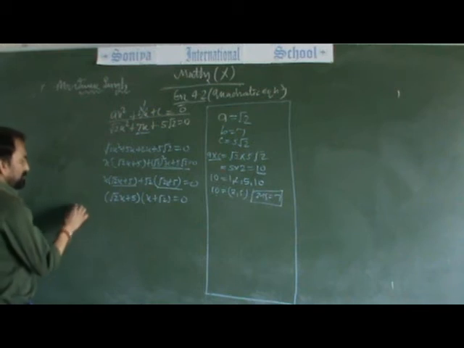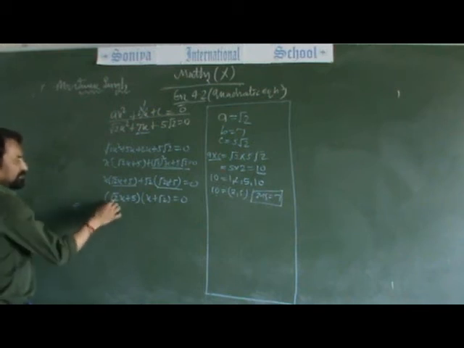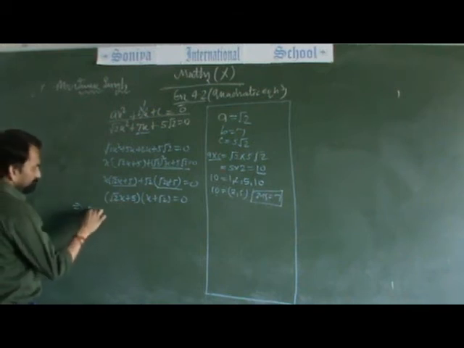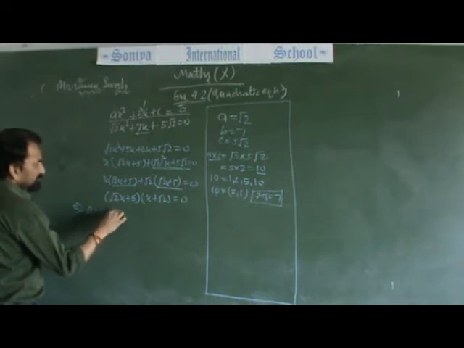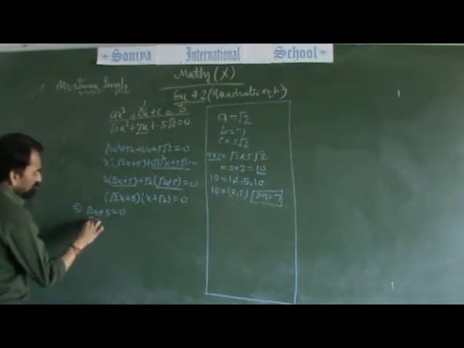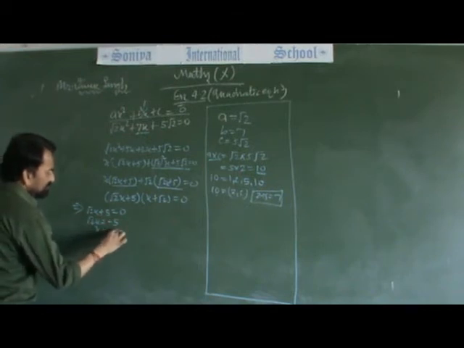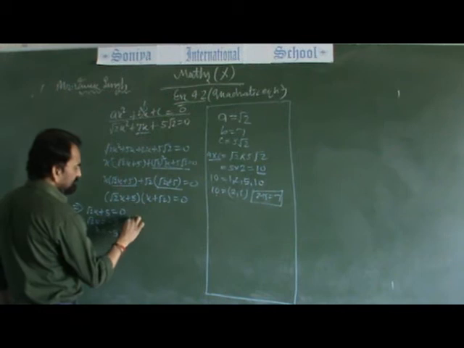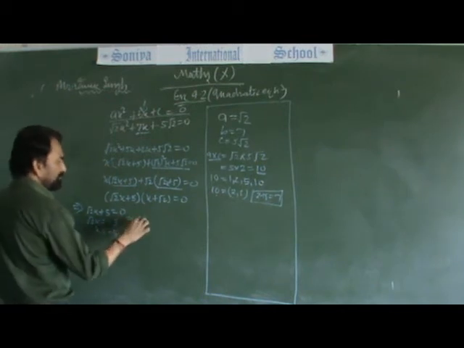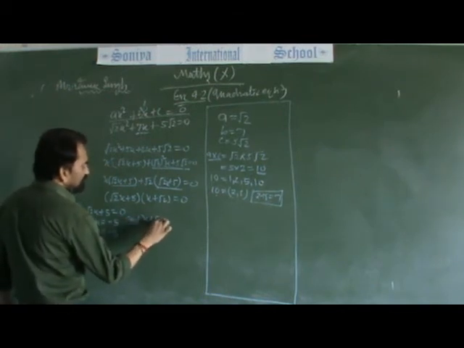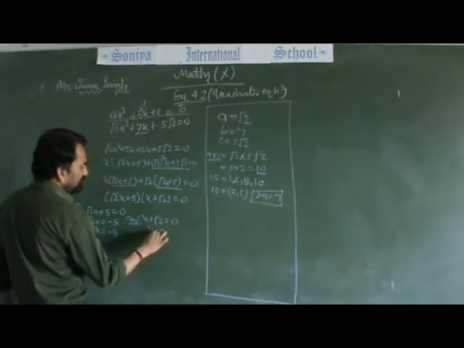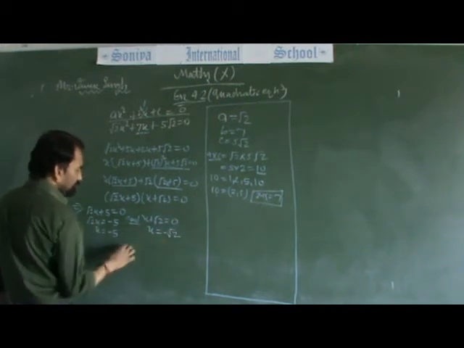Now apply the pattern used in the previous question. First you make this one 0: root 2 x plus 5 equals 0, so root 2 x equals minus 5, x equals minus 5 upon root 2. Or x plus root 2 equals 0, x equals minus root 2.